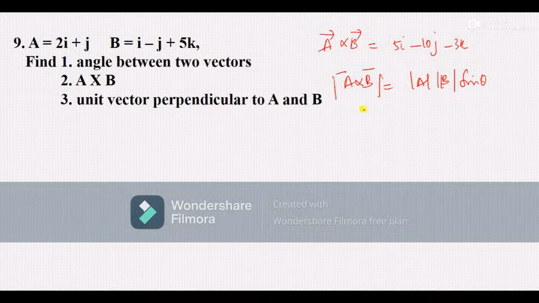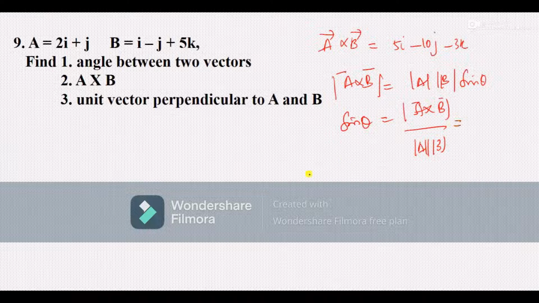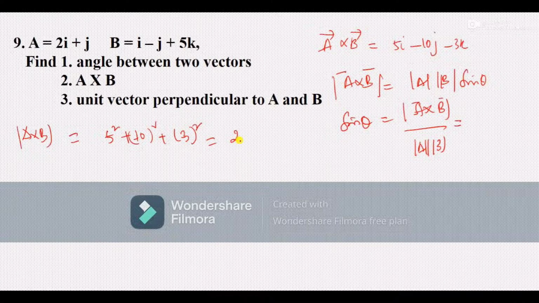So sin theta is equal to the magnitude of A cross B divided by the individual magnitudes, magnitude A times magnitude B. The magnitude of A cross B is the square root of 5 squared plus 10 squared plus minus 3 whole squared. This gives the magnitude of A cross B, root 134.